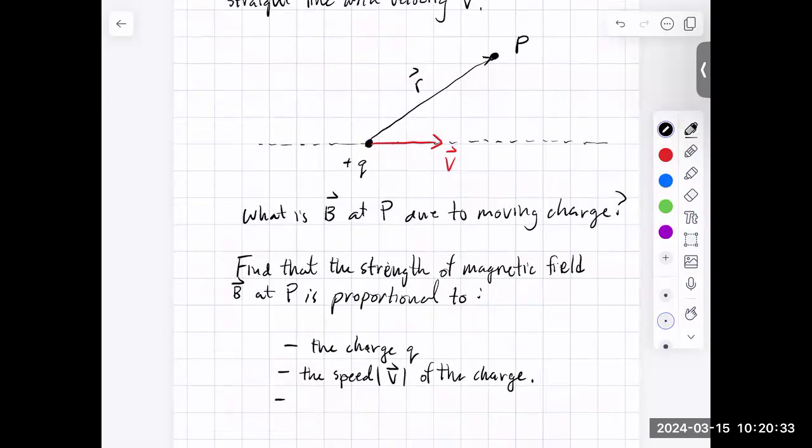What we'll find in that case is that the magnetic field goes down as we move further away from the moving charge, but not in proportion to the distance. It goes down in proportion to one over r squared. So if I double the distance, the strength of the field goes down by a factor of 4. If I halve the distance, the strength of the field goes up by a factor of 4.